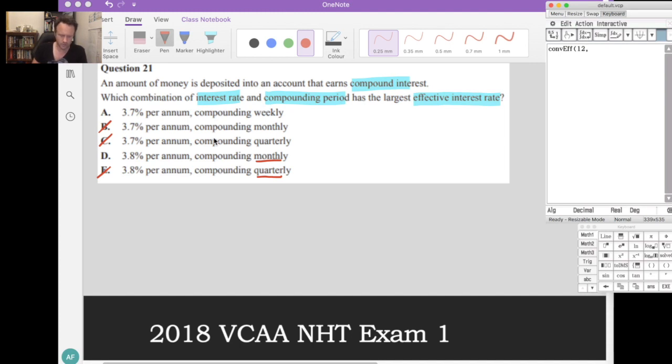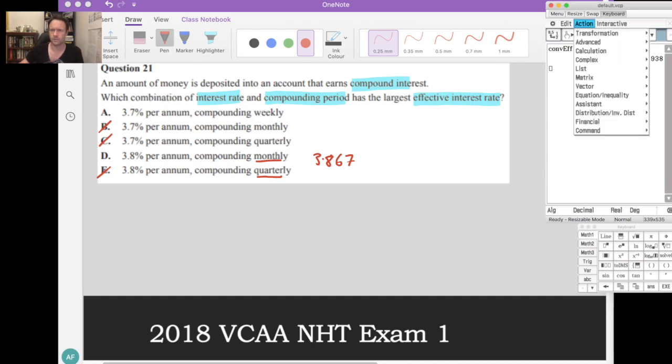And then after that, we need to put in the nominal rate, which is 3.8. It'll just be good and close our bracket. So that one comes to 3.867. That'll be kept there anyway.